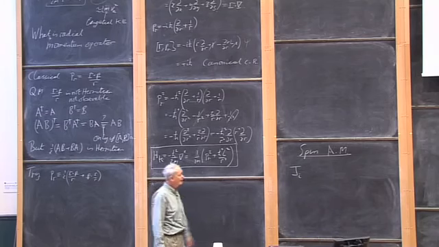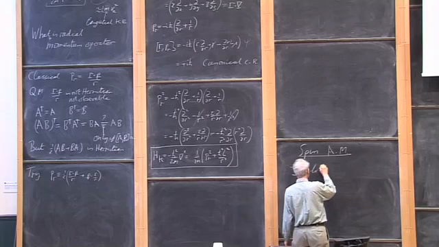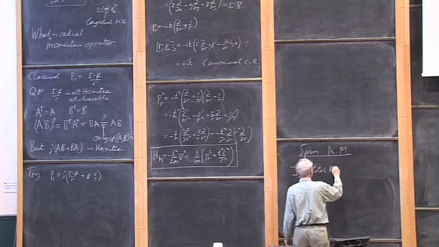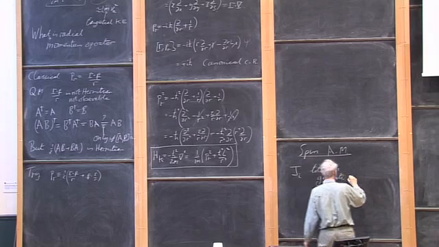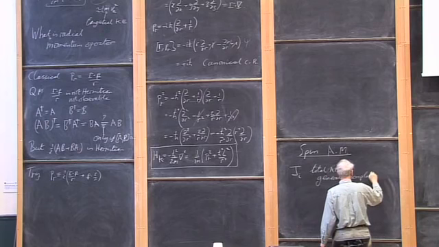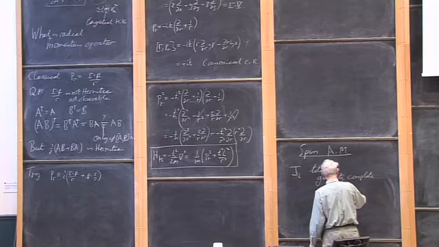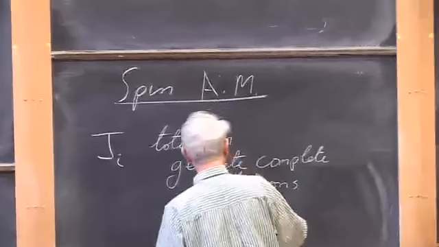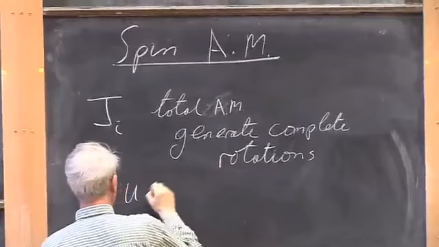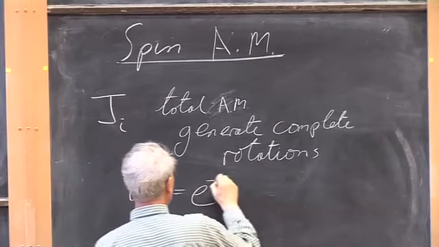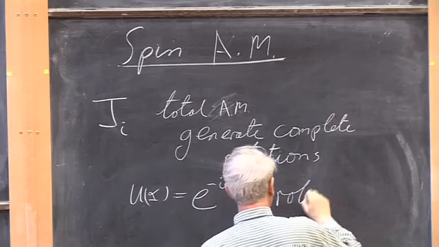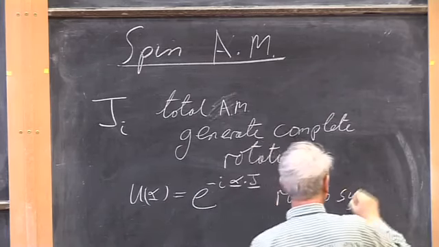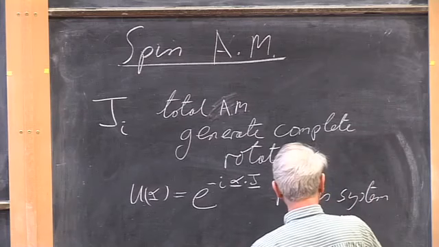The total angular momentum operators Ji, we introduce them in order to generate complete rotations. So U of alpha being e to the minus i alpha dot J rotates the system as on a turntable.